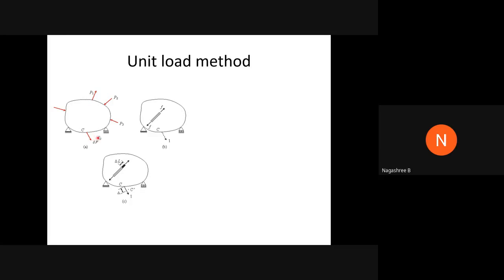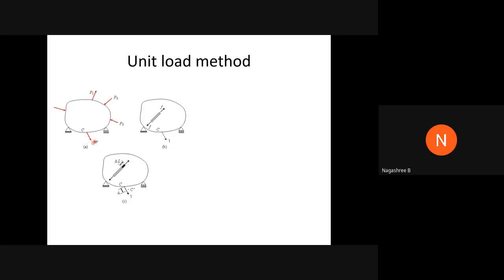So if I want to find out the deflection at a particular point in some direction, we need to assume some direction. I need to find out the amount of deflection at that point by applying the virtual force.